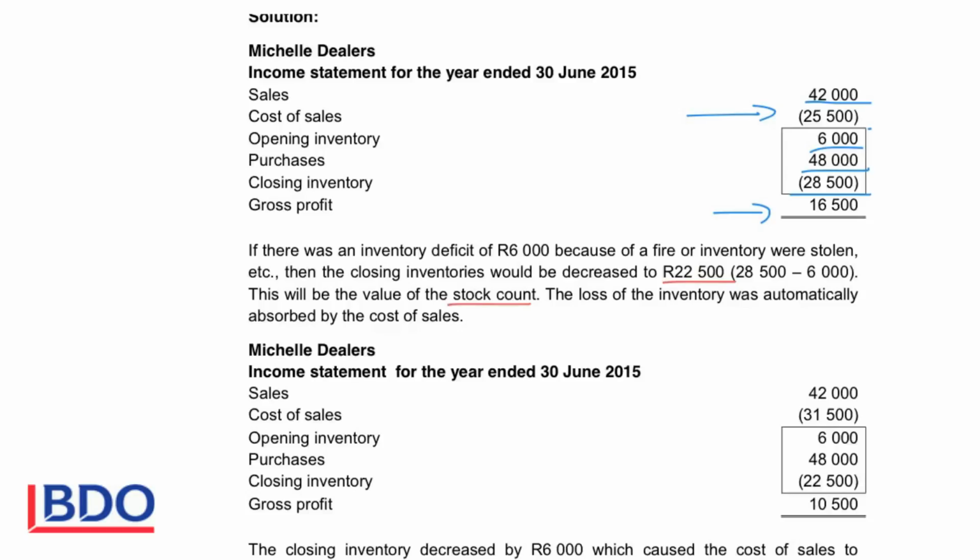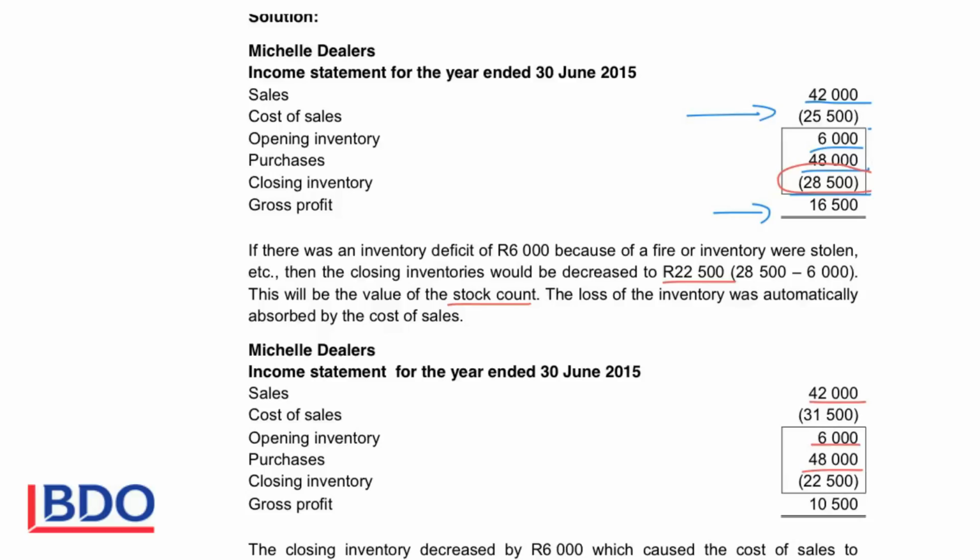And I'm going to show to you now how this loss of inventory will automatically be absorbed by the cost of sales so that you don't have to record an inventory loss when you use the periodic inventory system. My sales are still the same, the purchases and the opening inventory is the same, but in the previous example, the closing inventory was $28,500.